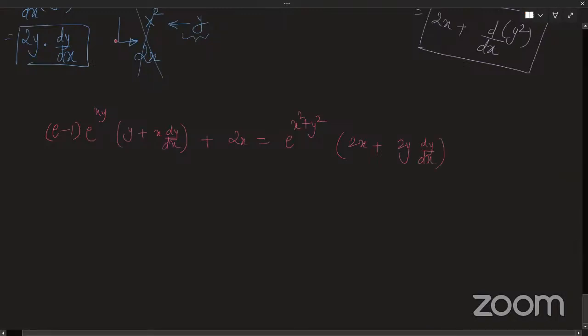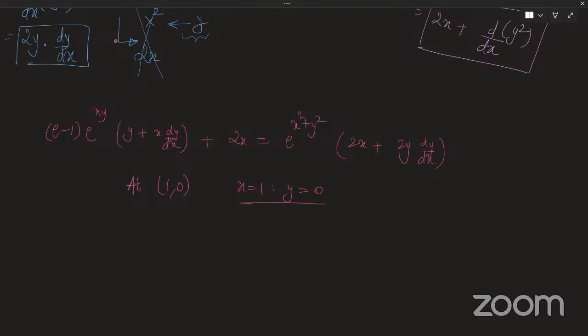Now it is asking me what is the value of dy by dx at 1 comma 0. So basically x is equal to 1 and y is equal to 0. It is really simple now. I just need to input my values. So you'll get e minus 1 into e raised to xy, xy will be 0, into y, so 0, plus x times 1 time of dy by dx.